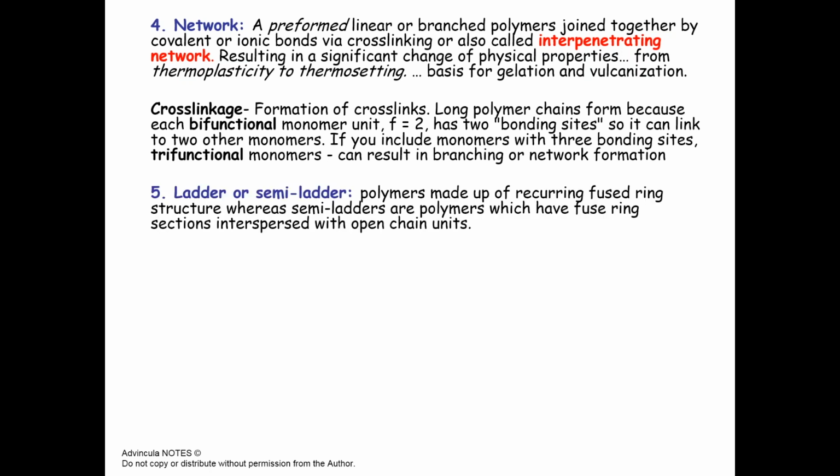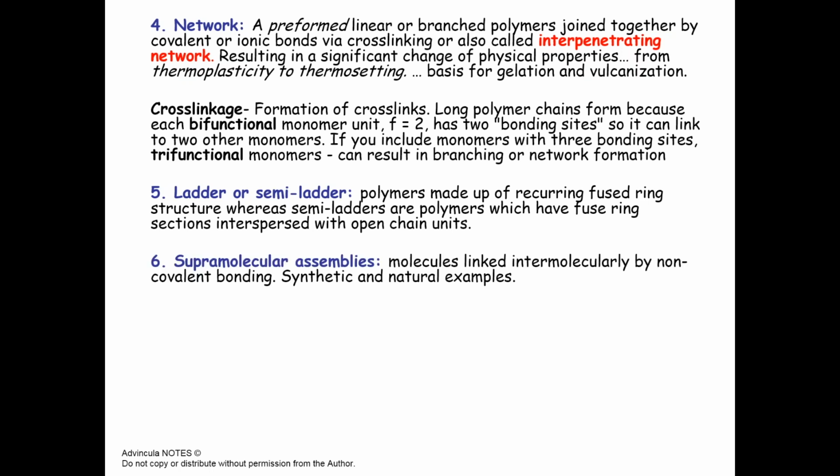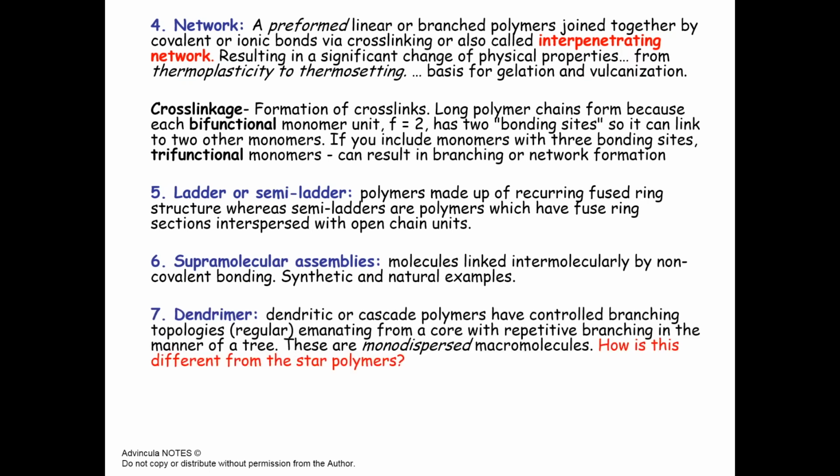Uniquely, a polymer of two main chains that are connected to each other looks like a ladder. A polymer that assembles by itself or is forced to assemble, just like proteins or other types of enzyme complexes, forms supramolecular assemblies.